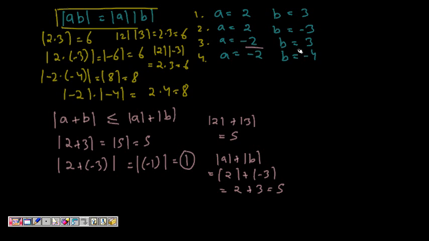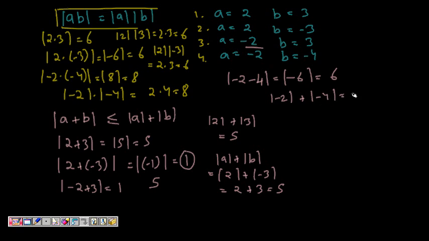For the other case, minus 2 plus 3 mod is 1, but mod a plus mod b is again 5, so this is less than mod a plus mod b. Similarly, in this case equality should hold. Minus 2 minus 4 is minus 6, mod is 6, and mod of minus 2 plus mod of minus 4 is 2 plus 4, which is 6. So equality holds here too.